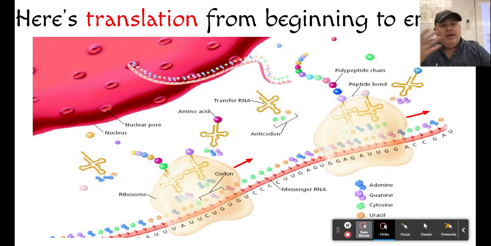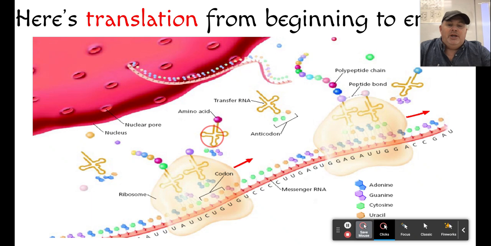So again, from start to finish, translation is the finished product where you're taking the assembly, which is messenger RNA. Messenger RNA is located right here. You can see the sequence. It's attached to this gray or tan blob, which is my ribosome or rRNA.